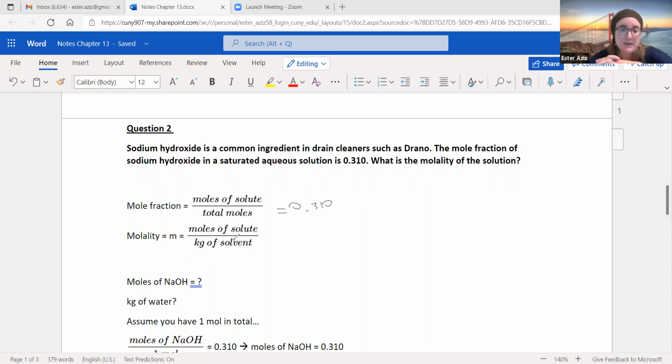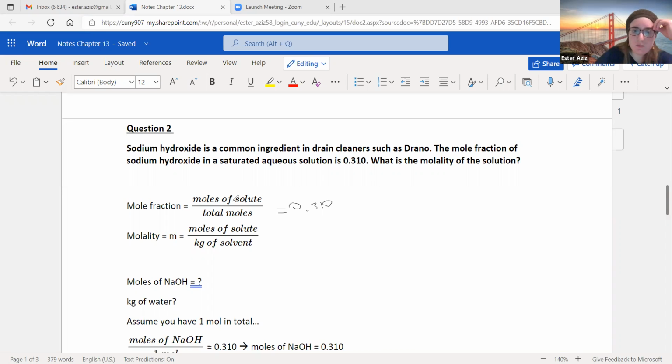Okay, so let's start by finding the moles of solute. How do we find out the moles of solute that we have here? In this case, we're given the mole fraction.